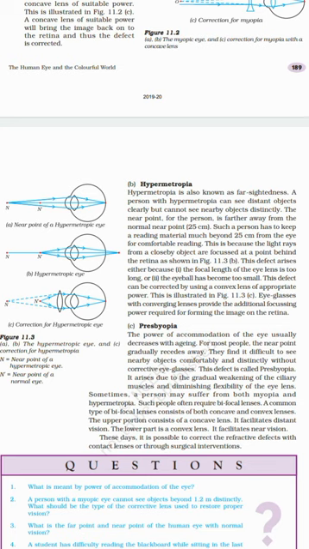And how can you correct hypermetropia? By using a convex lens of appropriate power. How can we find the power? We see at which point, if you place an object, the person can see it.